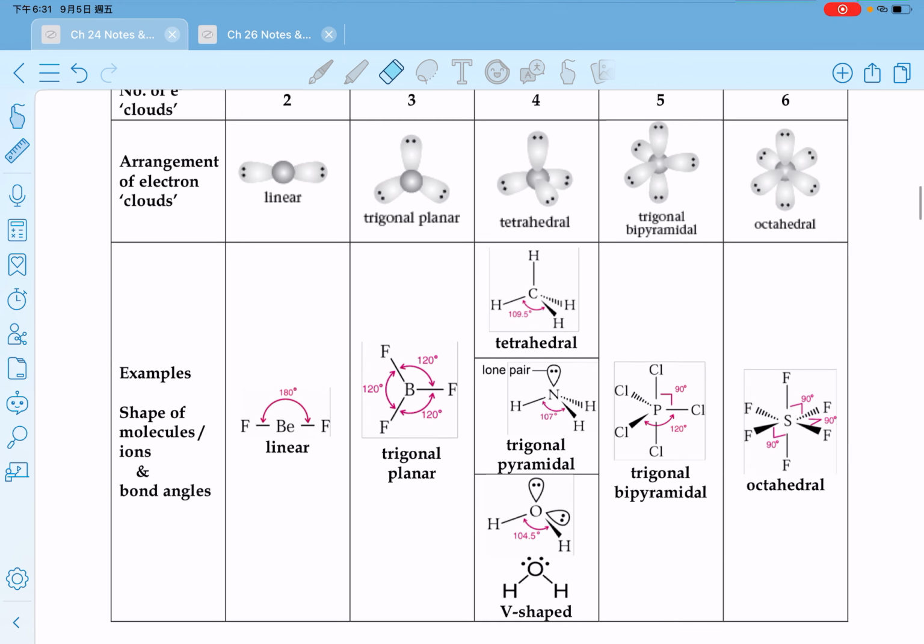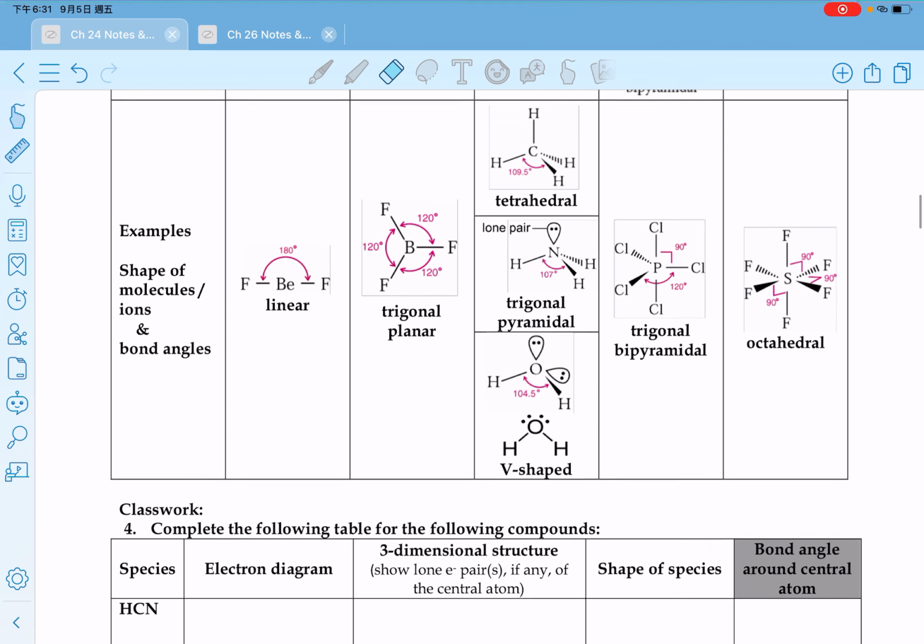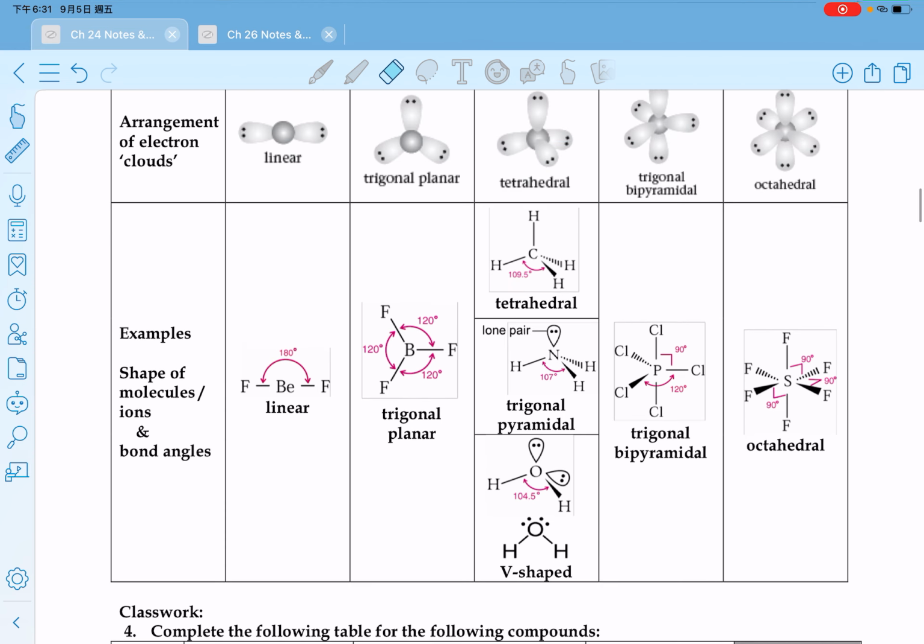So that's why when we take a look at BeF2, you can see Be will have 2 electron clouds only for the central atom.